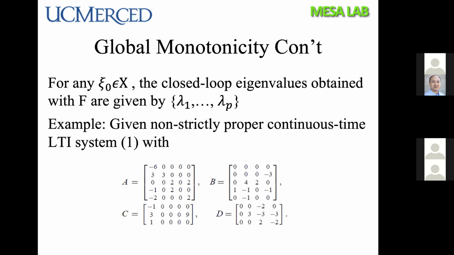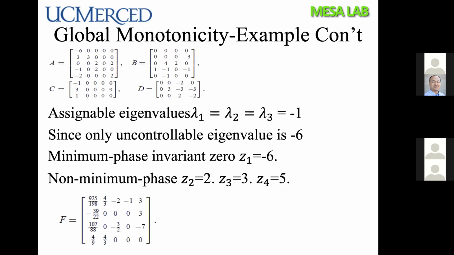So next part, I'm going to give the solution. It is the example, which is given a non-strictly proper continuous time LTI system, which looks like that. And we have assigned eigenvalues lambda 1, lambda 2, lambda 3, which equal -1.